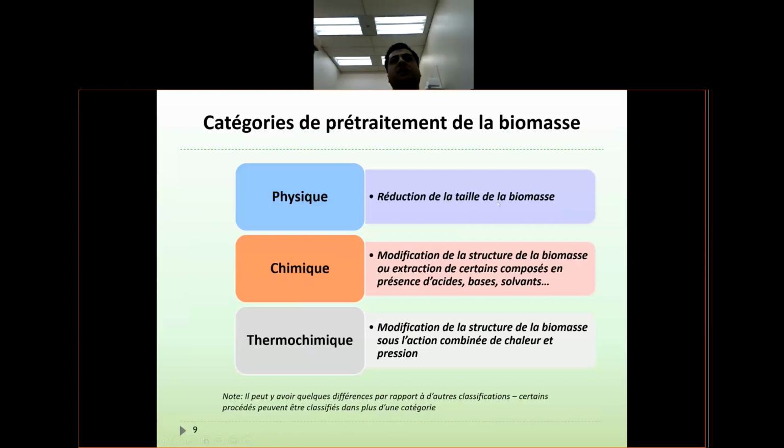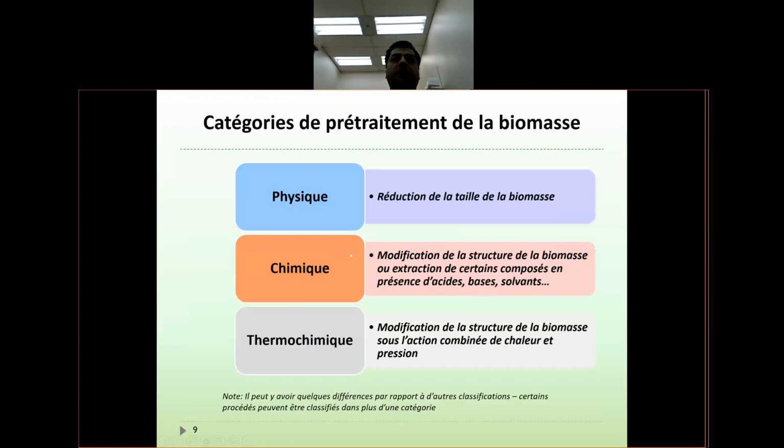But of course, there are other methods that we will discuss later, like densification and drying. Chemical methods are to modify the structure of biomass in order to extract certain components of biomass in the presence of acids, bases, and solvents.